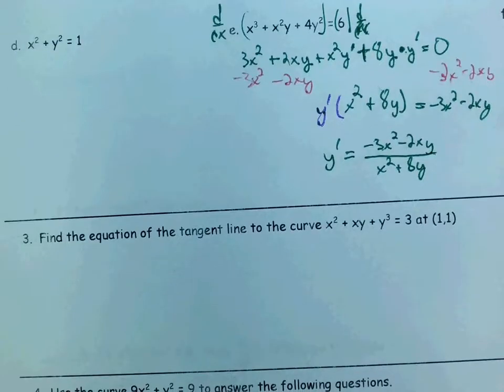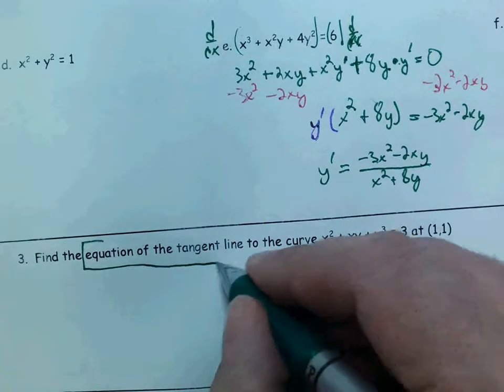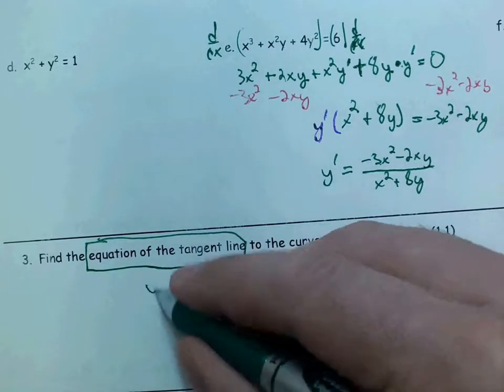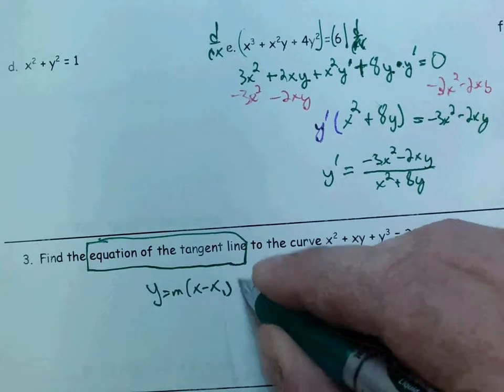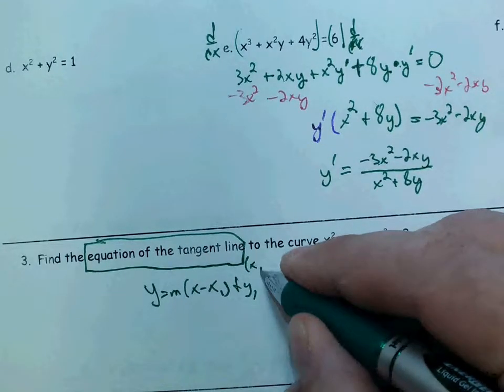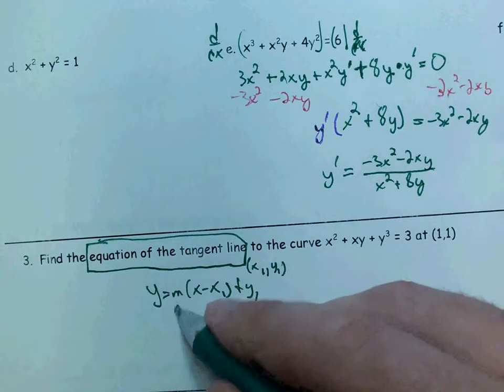Alright, number 3, equation of the tangent line. I'm not going to do this problem for you, but this is something you've got to be automatic at this point on. The equation of the tangent line is going to be y equals m times x minus x1 plus y1, where x1, y1 is a point, so you need a point, which we have. They actually already gave it to us, and we need m.